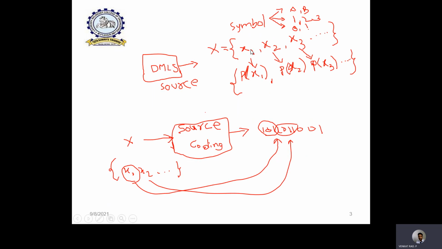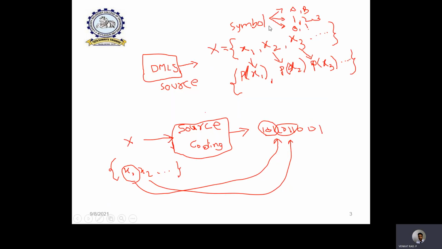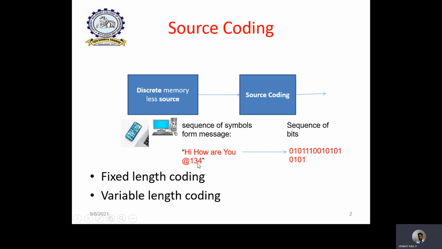For example, the symbol is assumed to be x1 instead of these messages or letters. You can generally assume x1, x2, x3 and so on. If you combine these x1, x2, x3, they will form a message like this. This message contains letters, symbols, characters, numbers, special characters, etc. So anything can be obtained from this source.